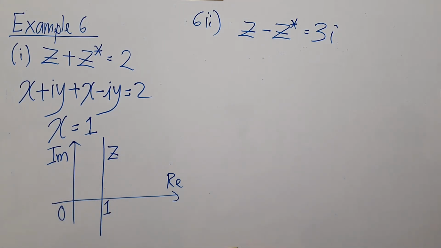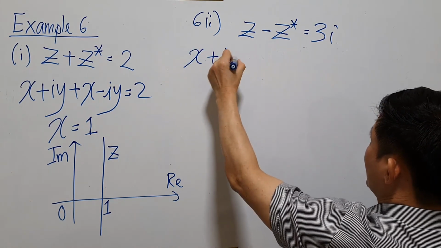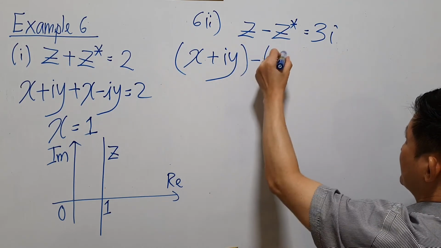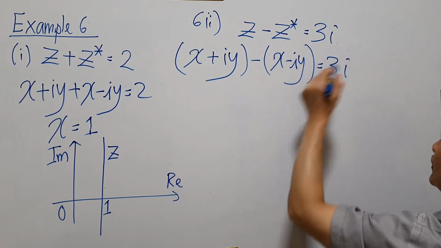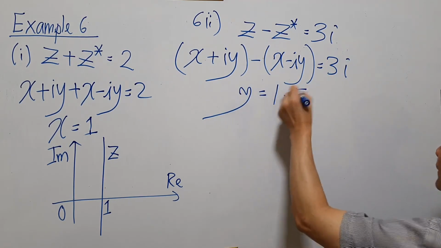So in this case, the locus of points that satisfy this equation is your z. This is example 6.1. Likewise, in the case of example 6.2, they're going to do the same thing. Replace the z as x plus iy. Replace this as x minus iy. You will get in the end y is equals to 1.5.